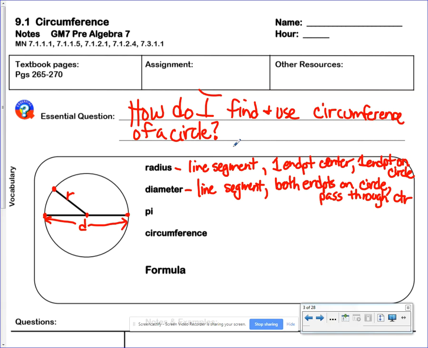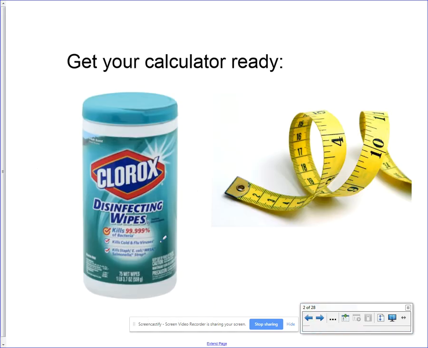Okay, awesome. Now we've got to get to some things about pi and circumference and what the formula for circumference looks like. So take a little break here. Have your calculator ready, because I want to take a look at this handy dandy tub of Clorox wipes, okay? I'm going to give you two measurements.